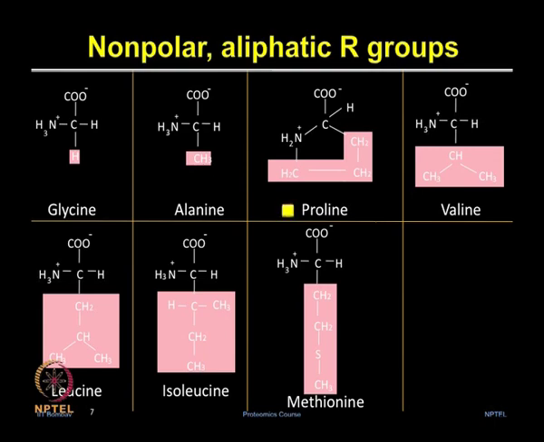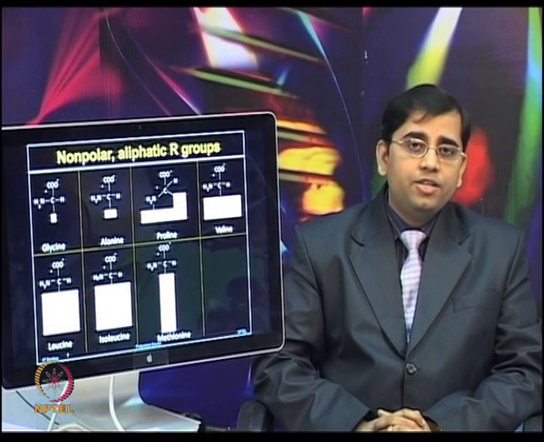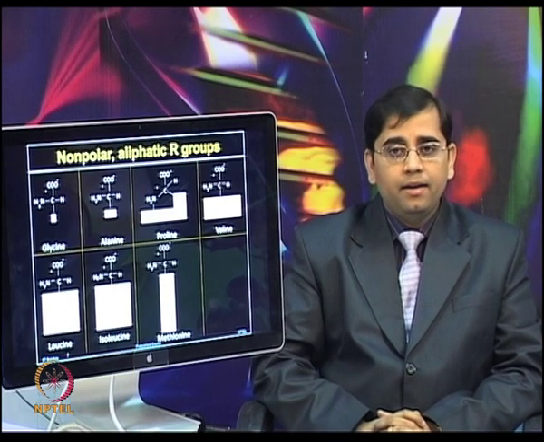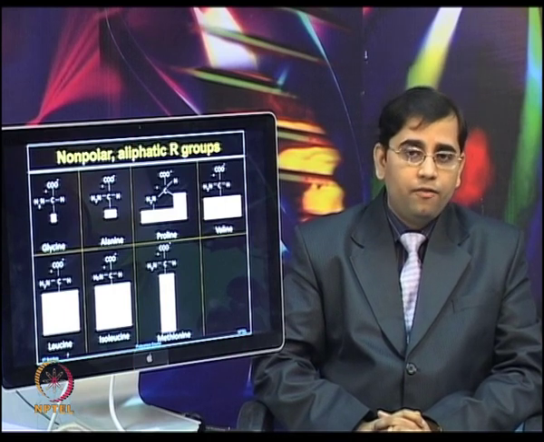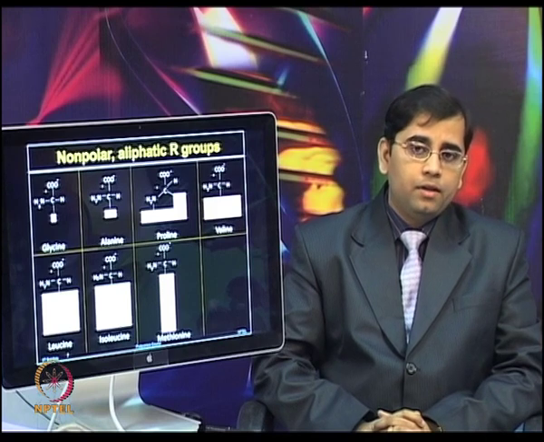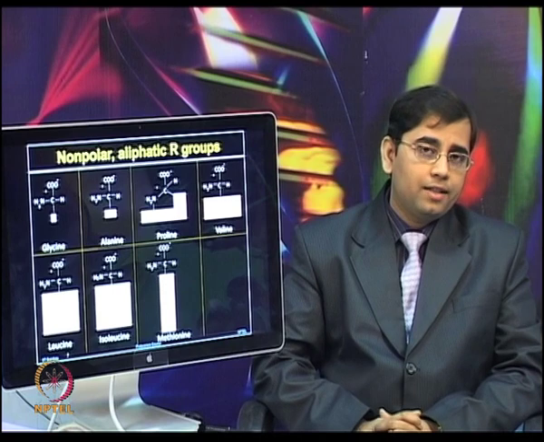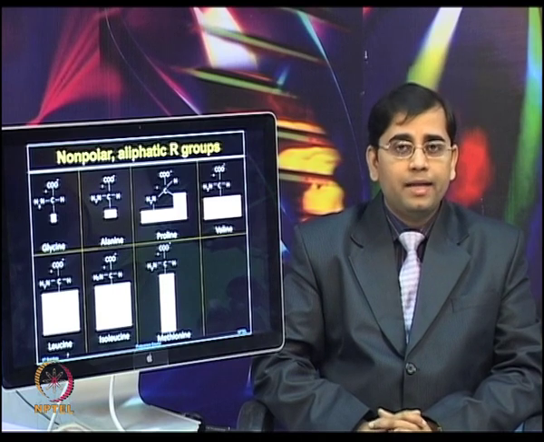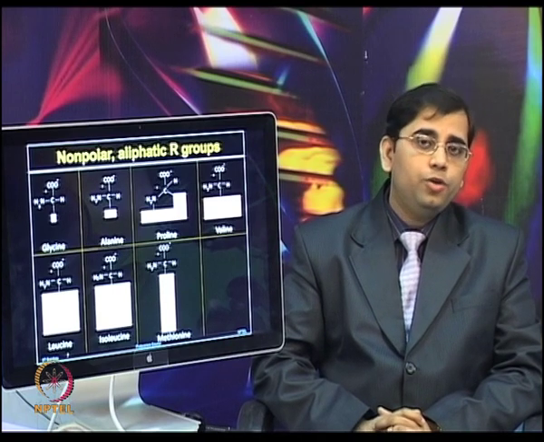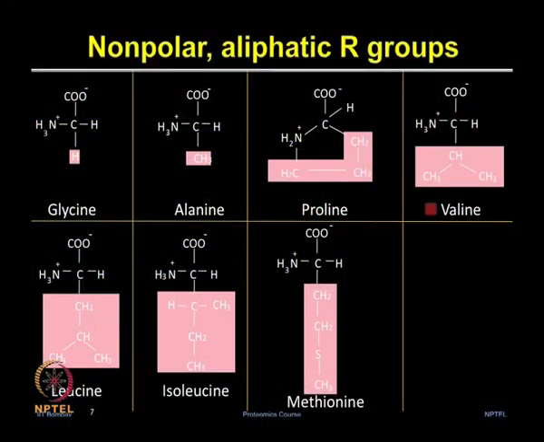Proline has a very unique feature: it has no free amino group and the side chain is bonded to the N and the alpha carbon atom. The ring structure provides more conformational restrictions, and therefore proline plays a very crucial role and has unique properties in many functions. Valine is a branched chain amino acid.